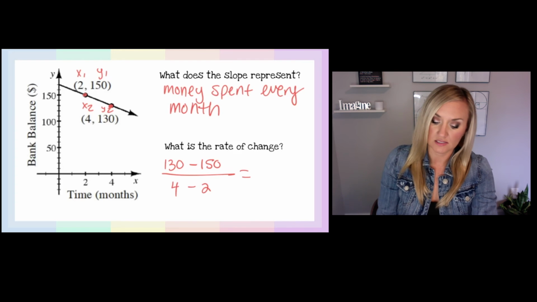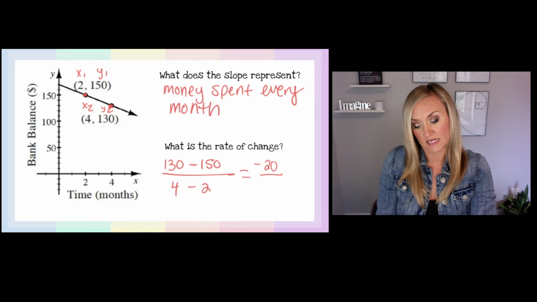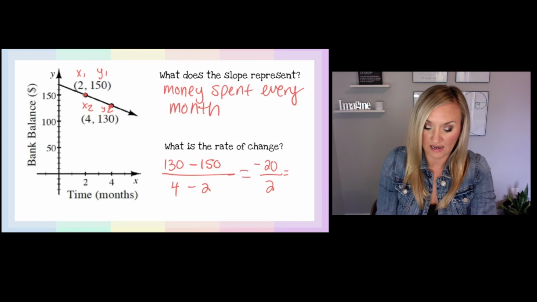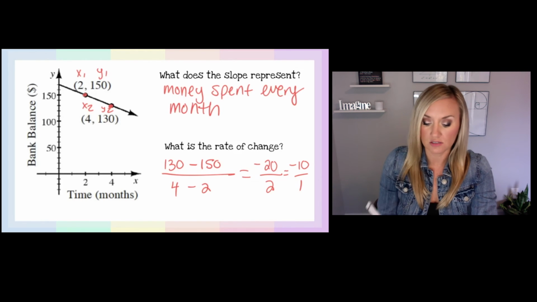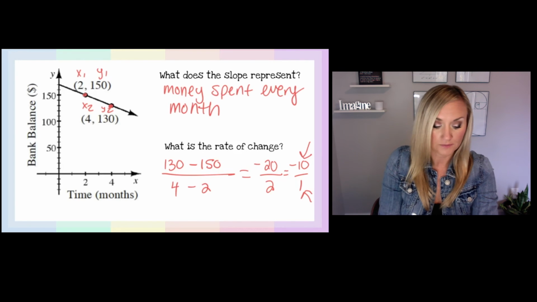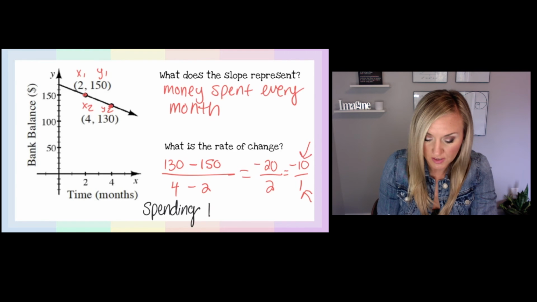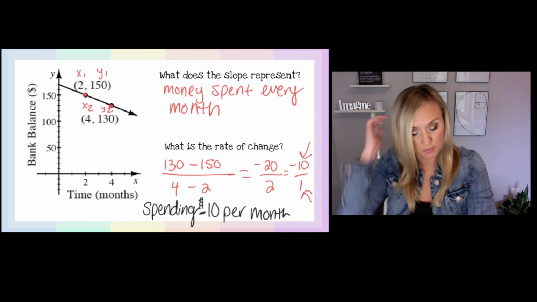So 130 minus 150 is negative 20, and 4 minus 2 is 2. And if we simplify that fraction, I have a negative 10 over 1, which means she is spending $10 per month. So let's write that out. She is spending, this is our rate of change, spending $10 per month. Negative 10, spending money.